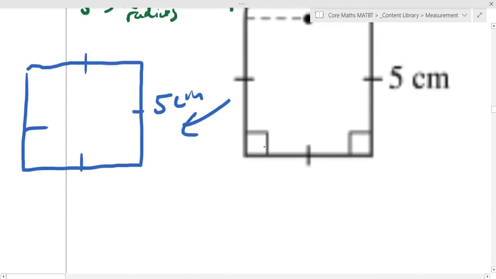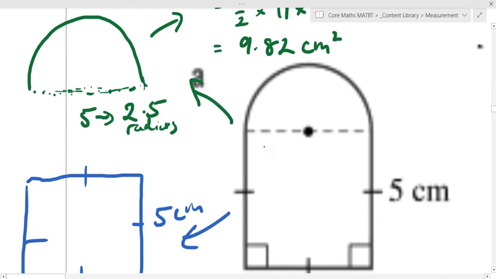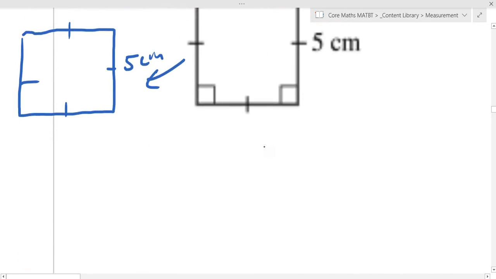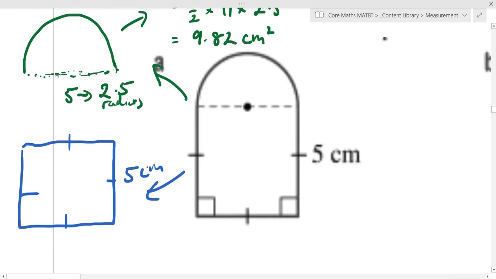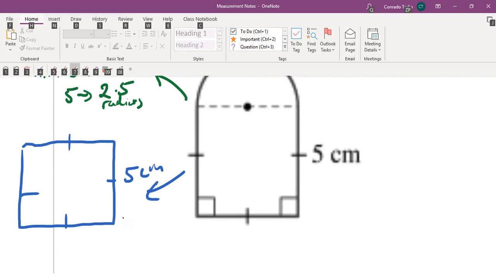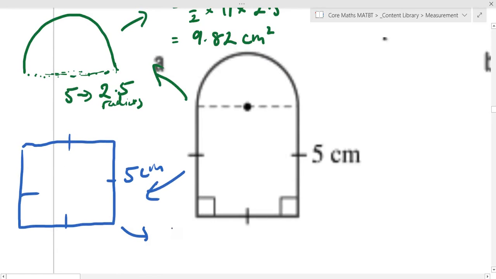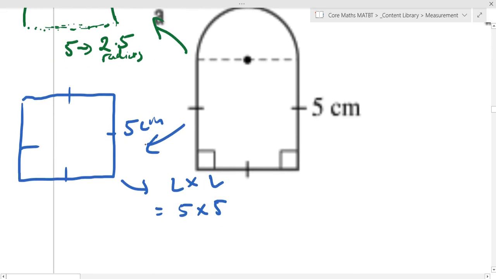The next part, if you want to copy that, is the square. For the square, you've got length times length because they're both the same. That would be 5 times 5. Therefore, the area will be 25 centimeters squared.